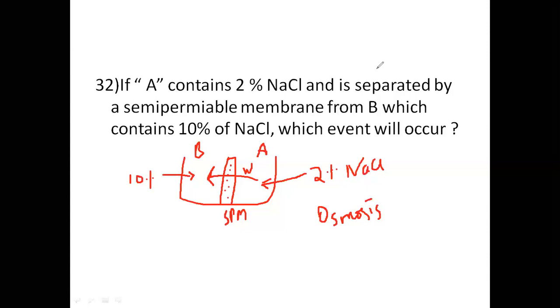So, for urea, C1 is 8.6 divided by 60 into 1000 by 1000. If you go for the molality, 1 kg is equal to C2.